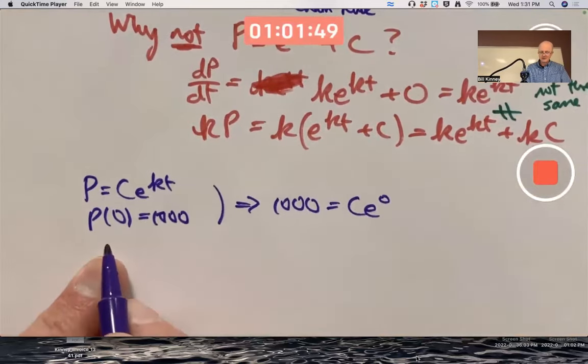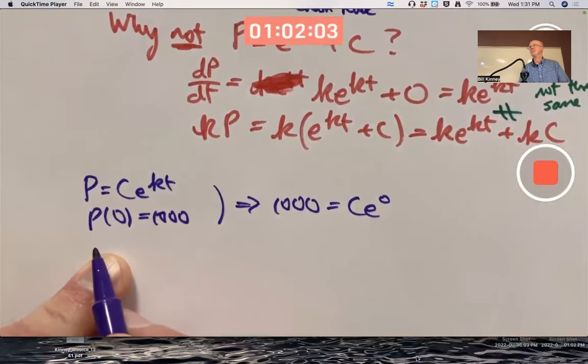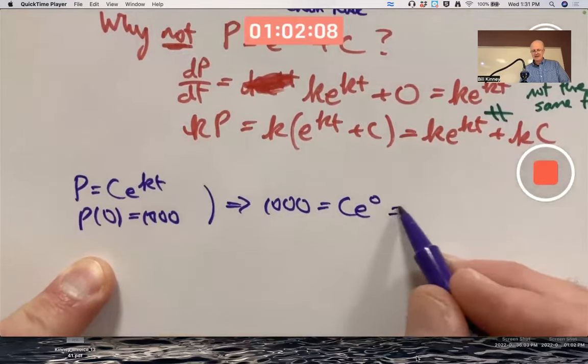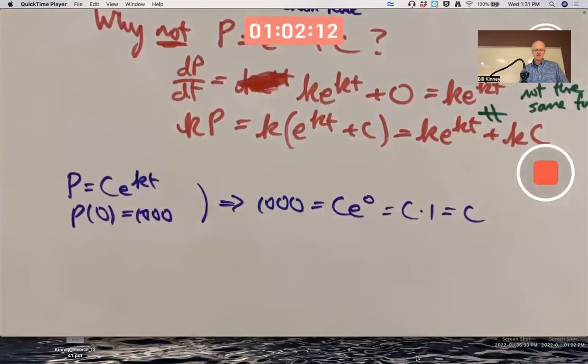I'm using function notation there, p of 0, even though you might argue that's a bad thing to do because p is a variable, not a function name. But people do it. Don't worry about it. I did it with the velocity and the height as well. e to the 0 is 1, so this is c. C is 1,000.